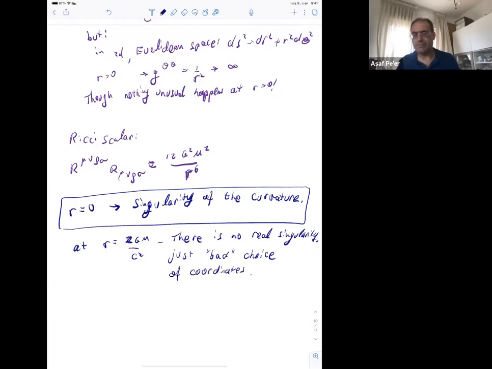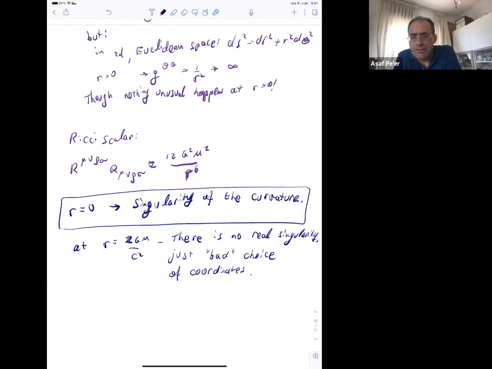And indeed, okay, let me finish the discussion, then I'll tell you what I mean. But something interesting is happening there. This is not just a manipulation of coordinates. Although we can get rid of it by some manipulation of coordinates, something interesting is happening there.